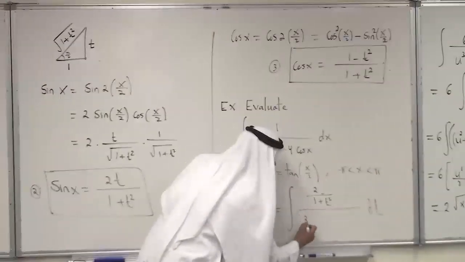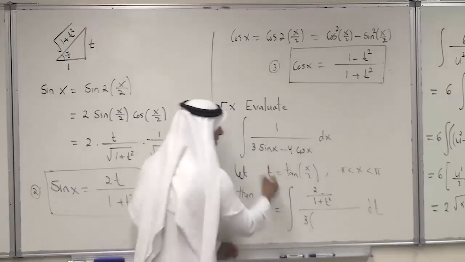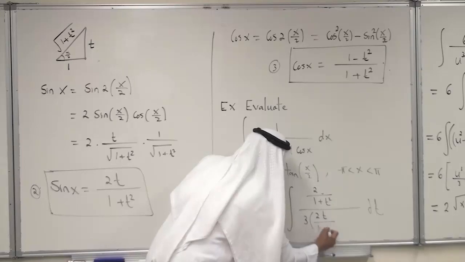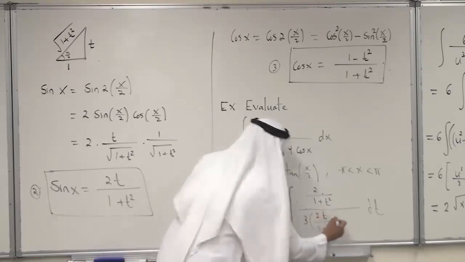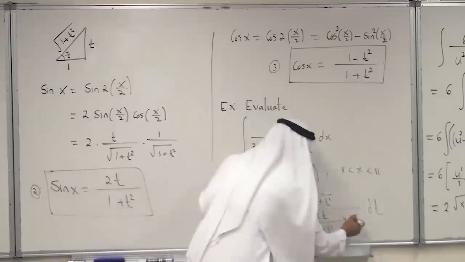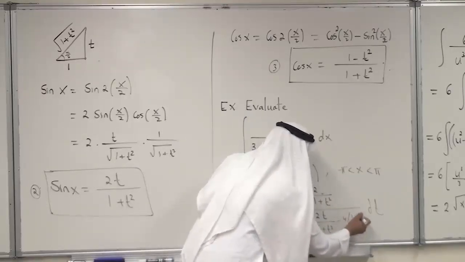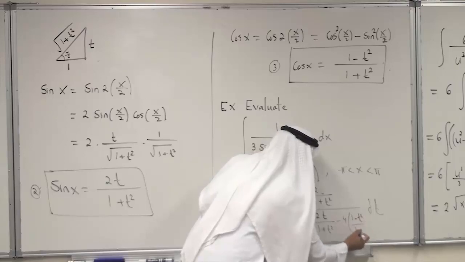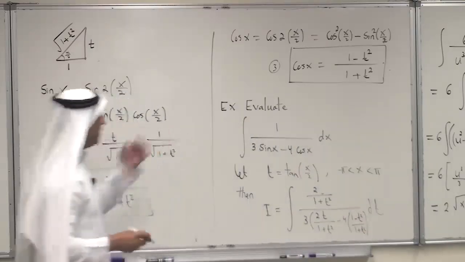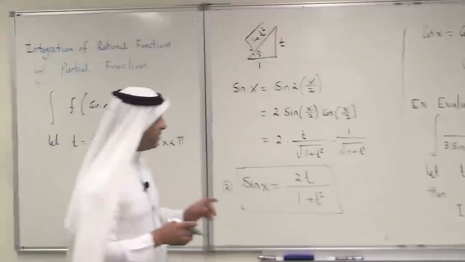We have 3 times, look, sine function is 2 times t divided by 1 plus t squared, minus 4 times cosine. What is cosine of x? The cosine function is 1 minus t squared over 1 plus t squared. All of this multiplied by dt. So that is the substitution. Let us try to simplify now.